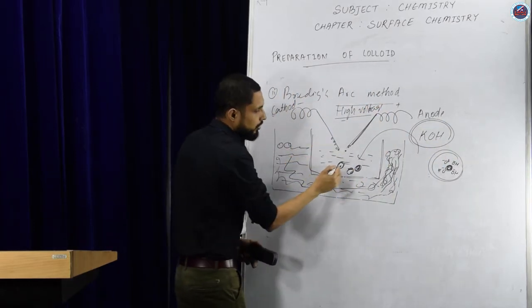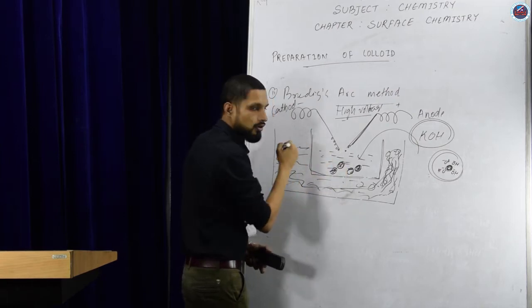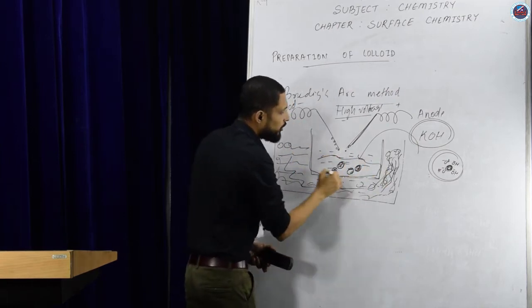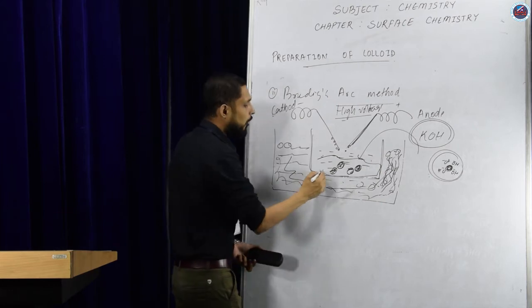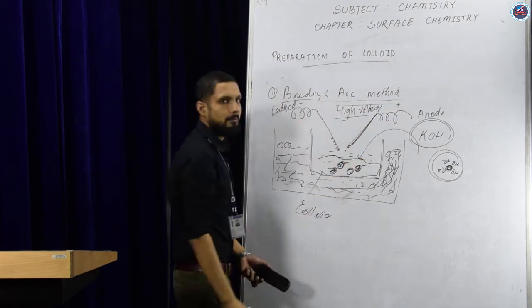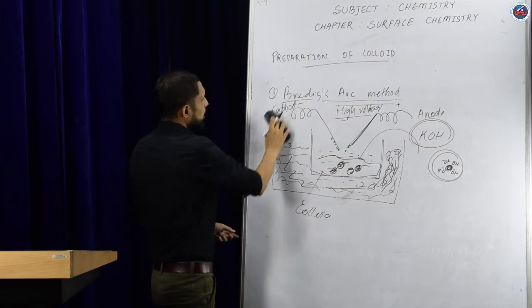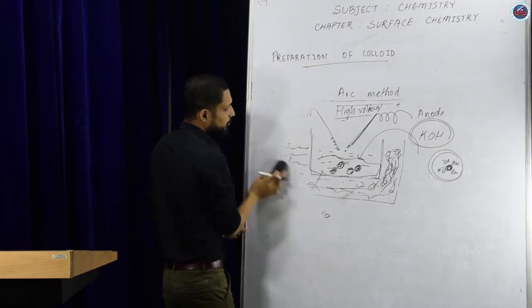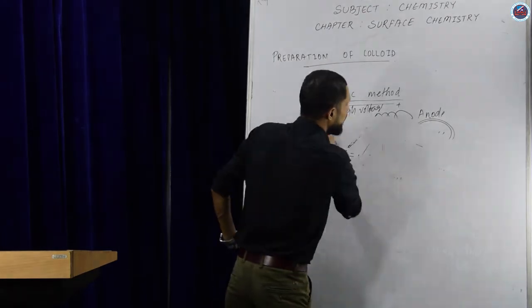So the gold particles in the colloidal range, with water as dispersion medium, will form colloid by Bredig arc method.